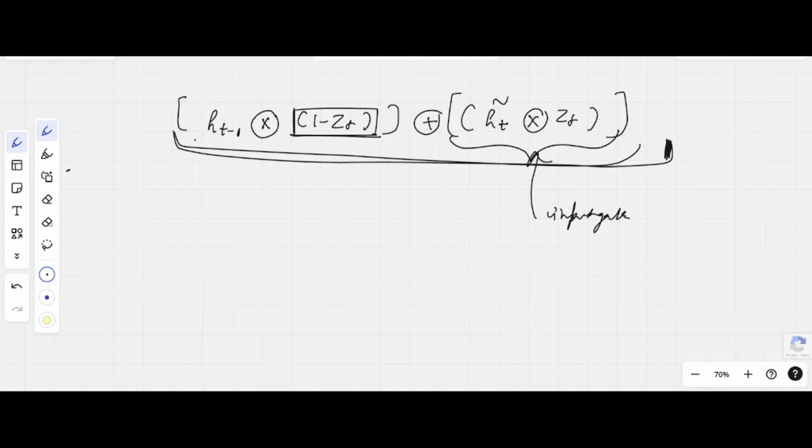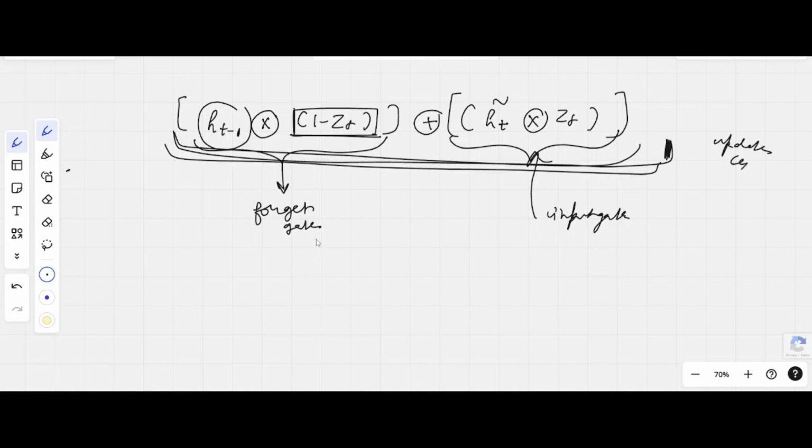And in this part, where we decide what information from the previous hidden state should actually flow, we are applying a filter. This is acting like the forget gate. So a single gate, the update gate of GRU, is serving the purpose of both the input gate and the forget gate. That is why this is beneficial here.